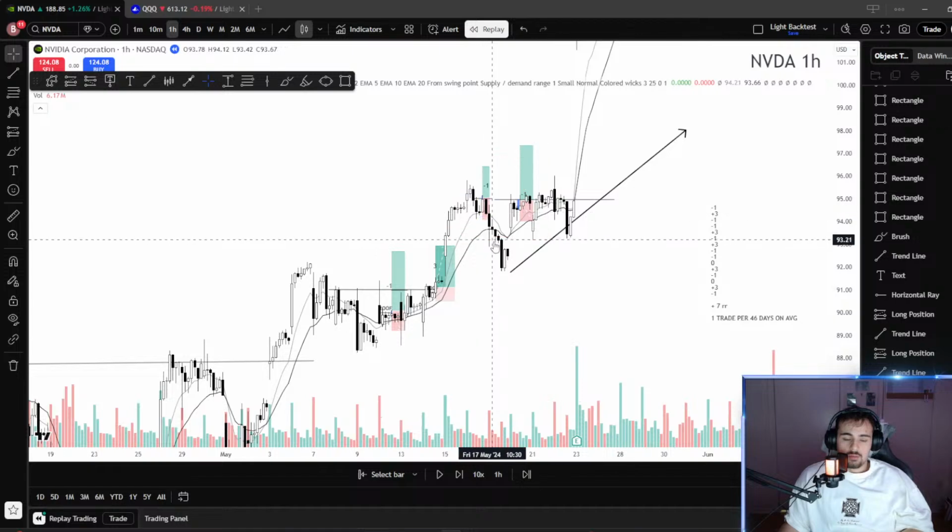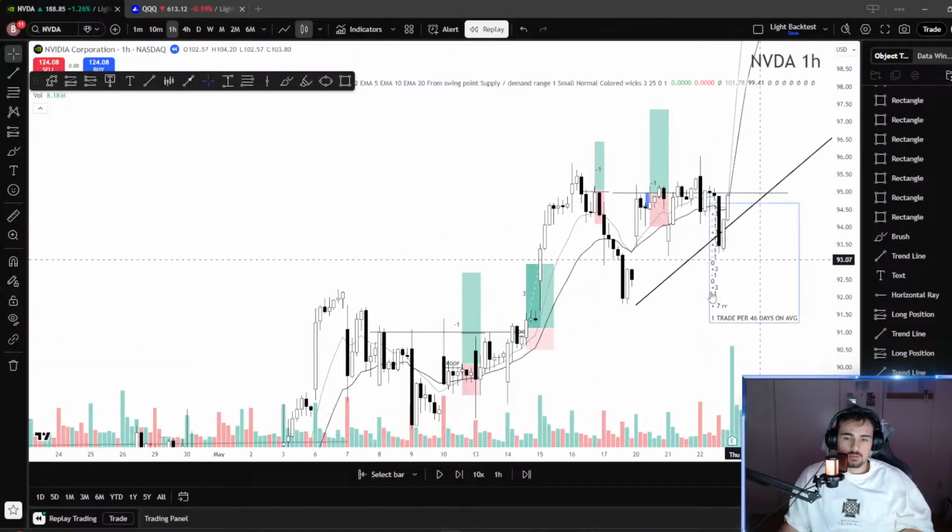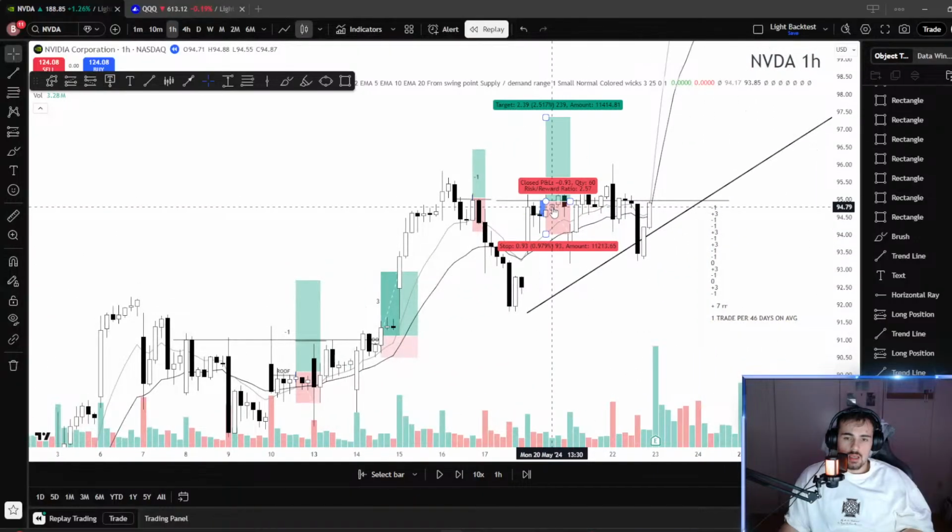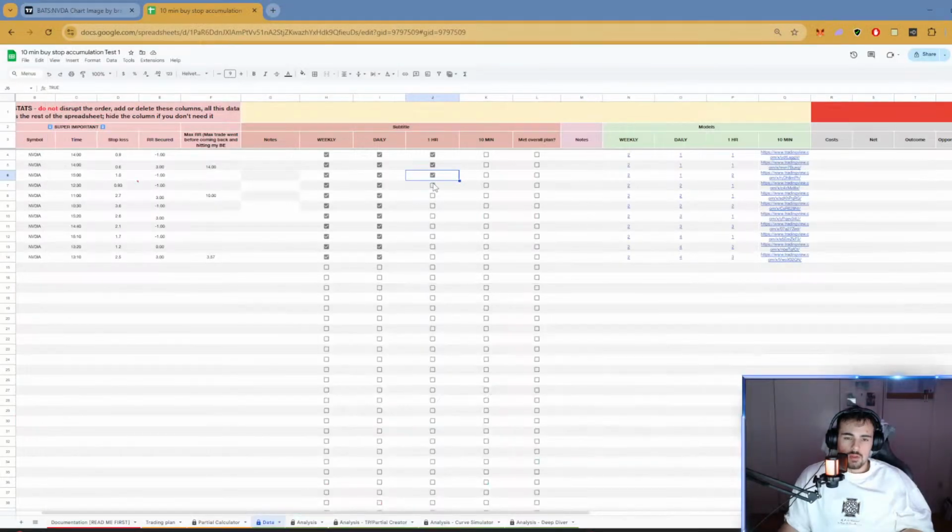Price fails down below the averages, moves sideways for a bit here, and then breaks back up, signaling accumulation where the trade was taken. So this would be a trade that was met on the 1 hour.